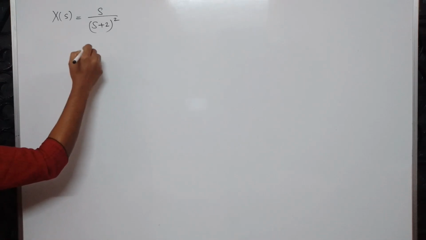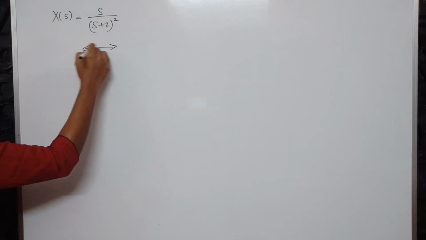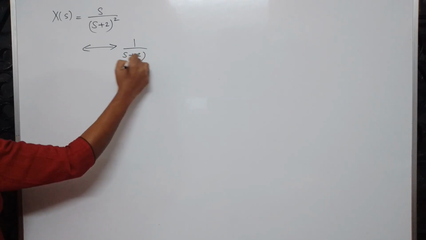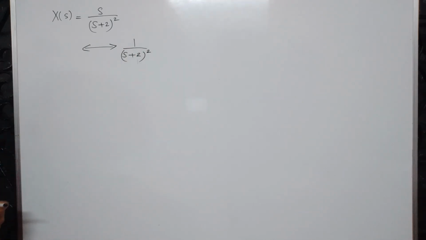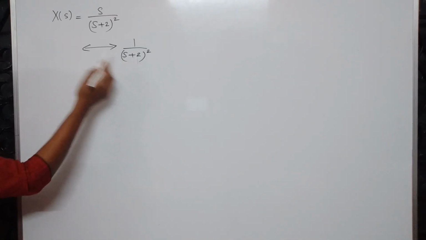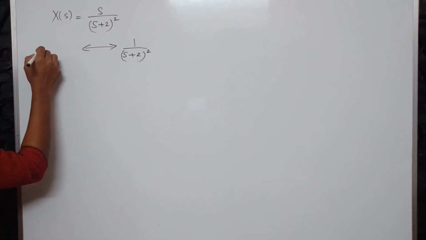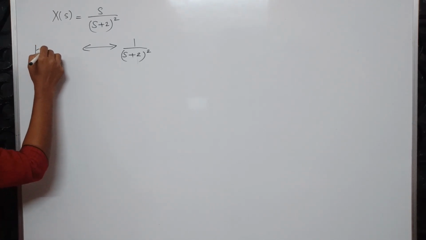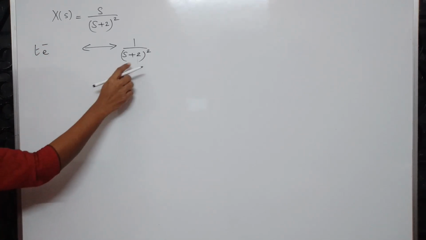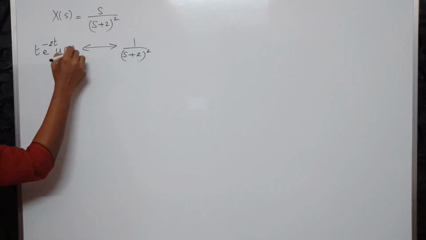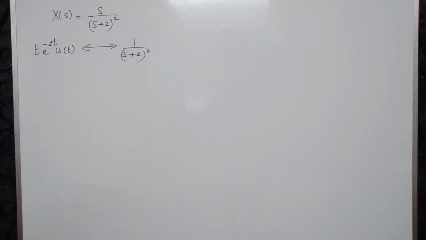Now we know that 1 by s plus a the whole squared is a standard result. It is the Laplace transform of t into e raised to minus at u of t. Here a is 2, so t into e raised to minus 2t u of t.